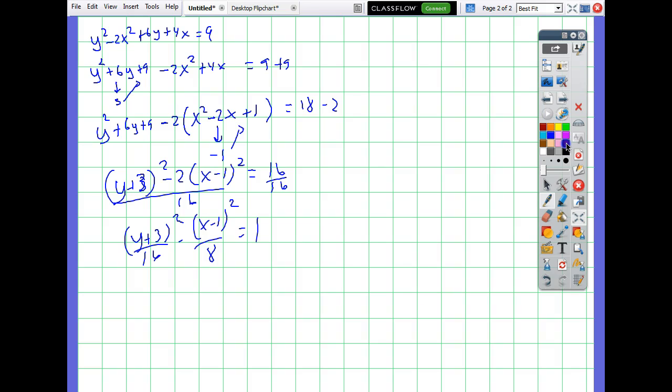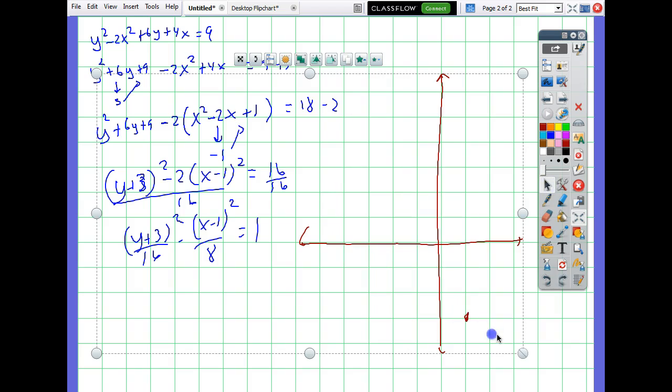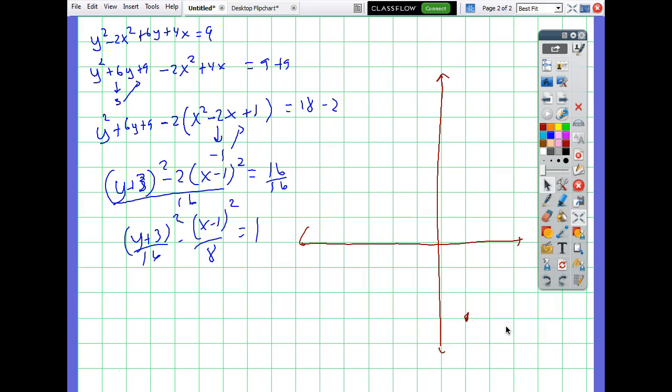Let's set up my graph paper, like so. So I'm going to go negative 3. Whoops, sorry. I'm going to go 1, negative 3. I set my graph paper really badly. Let's see if I can fix that without moving everything. Nope, can't fix it without moving everything.